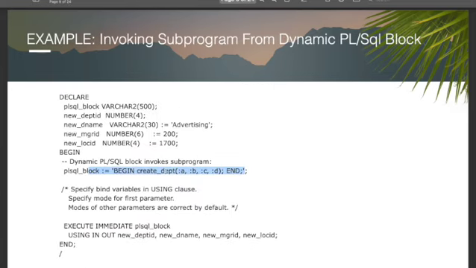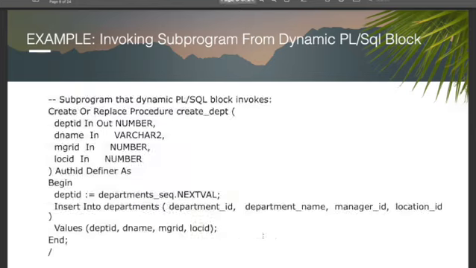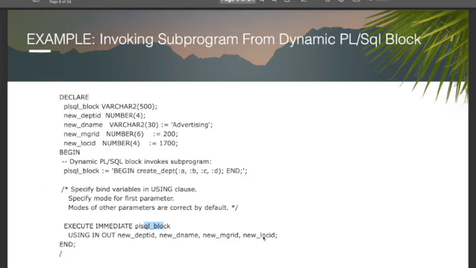Specify the mode for the first parameter; modes of other parameters are IN by default, like execute immediate PL/SQL block, because this one is storing our PL/SQL block, using IN, OUT, new department ID, new department name, new manager ID, new location ID. So here you saw how you can use a dynamic PL/SQL block.